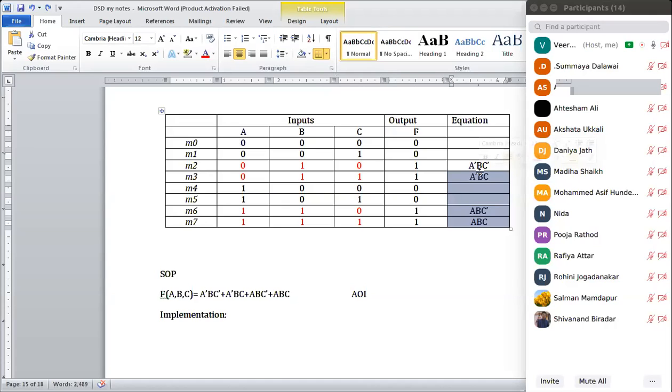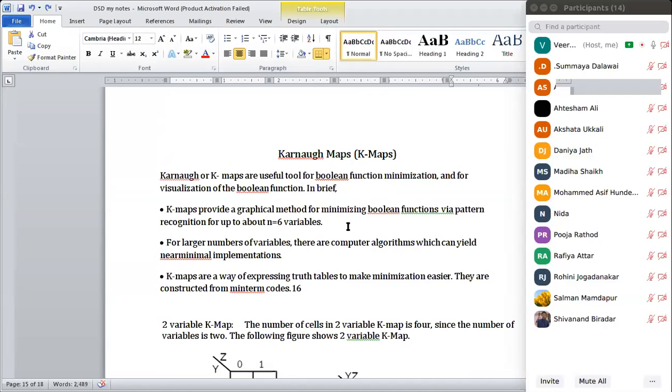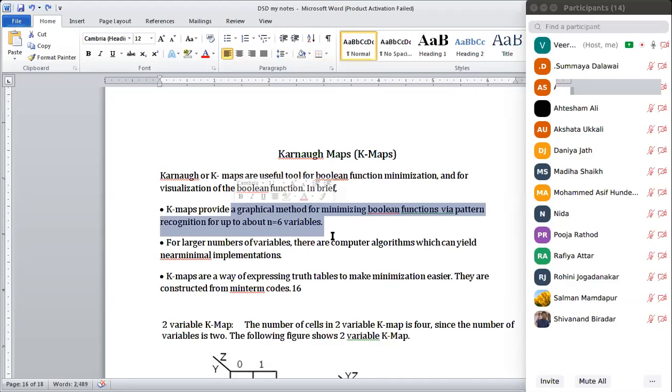If I go for 5 variables, A, B, C, D, E, then again it increases. Up to 6 variables, this K-map is going to help me. But for more than 6 variables, even manually, it will be very lengthy as well as quite complex, so there are many computer algorithms to implement more than 6 variables.